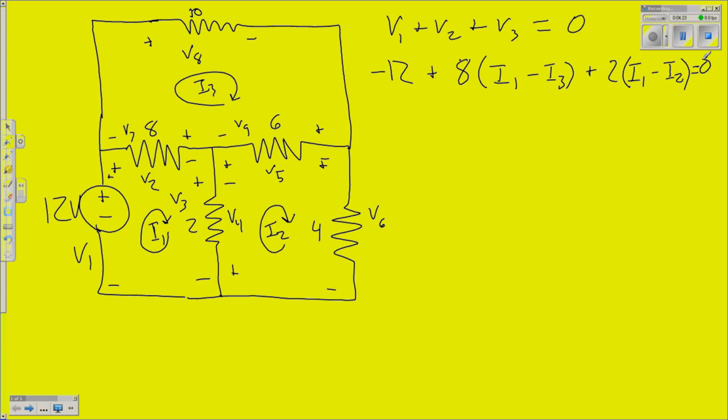We have 3 mesh currents. We're going to have 3 equations for our system. So next, let's do I2. So we start with V4, which is a differently defined voltage than V3. Note that V4 is an opposite polarity to V3. So if I have negative V4, what I actually have is V3.